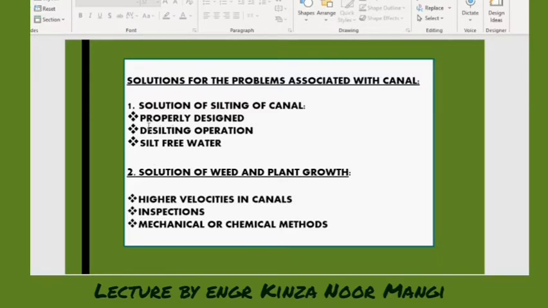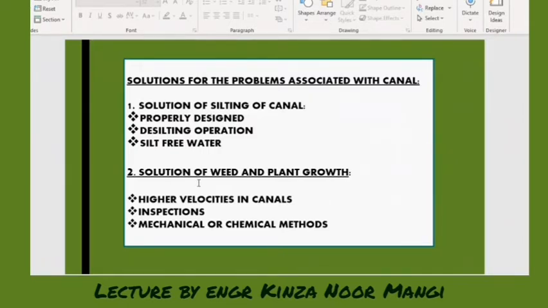So what we do is maintain the velocity of the flow, and in case the silting layers have become thicker, we carry out the desilting operation. Inspections are taken to check whether desilting is needed or not.